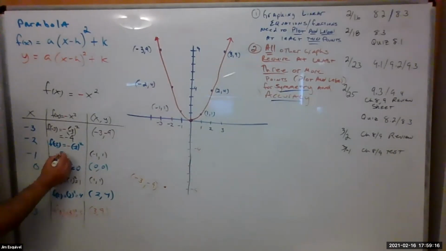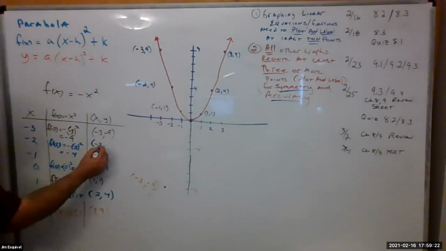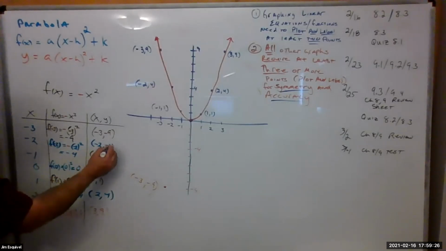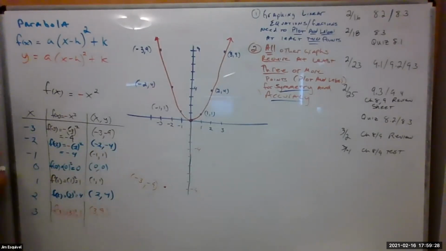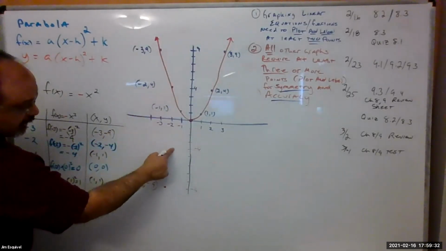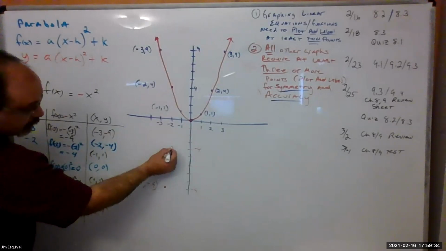So that's going to equal negative, and then that's a +4. So when we plug in -2, we get a -4. So instead of it being -2, +4, it's down here, -2, -4.